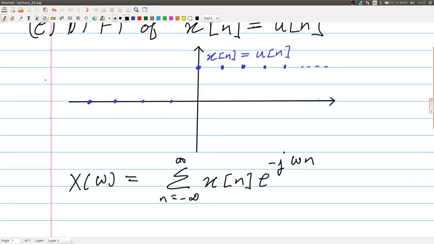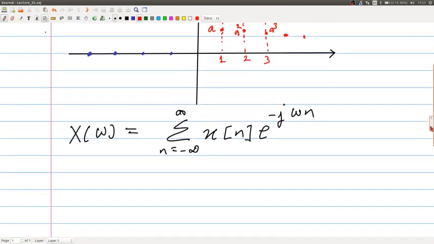So what do we do? We have solved a similar problem for continuous time signals. What we do is we define another signal, say a to the power n, which diminishes with increasing n.